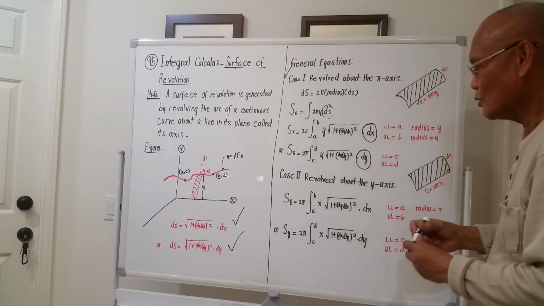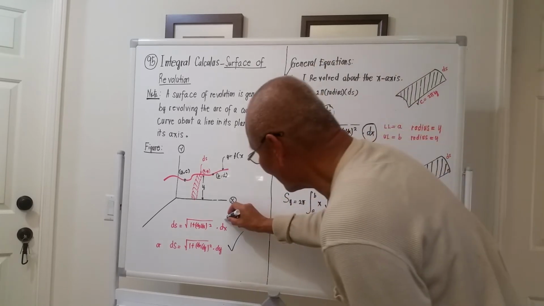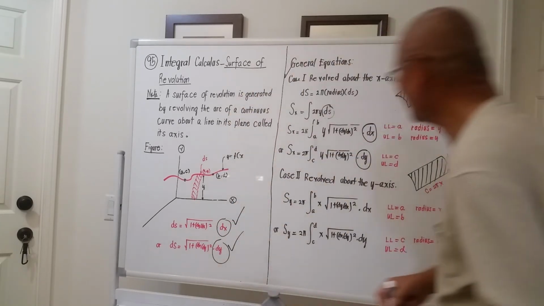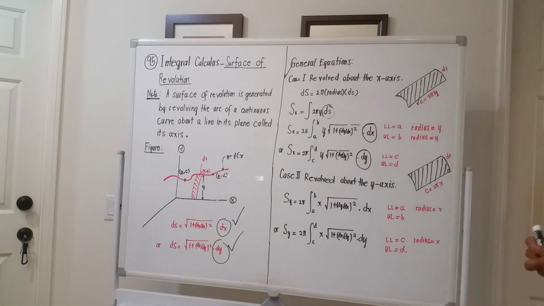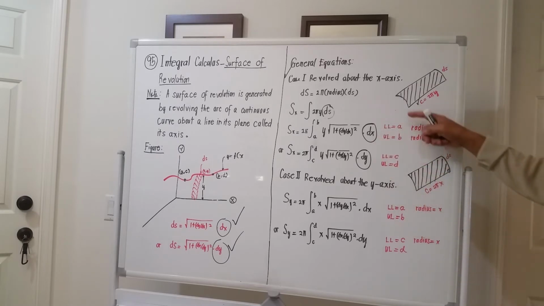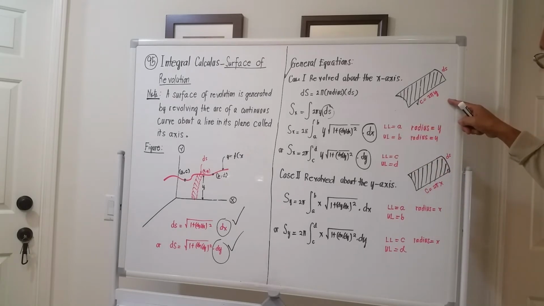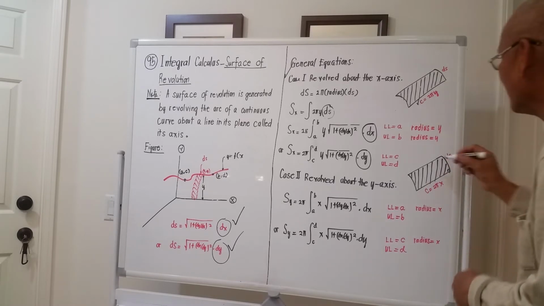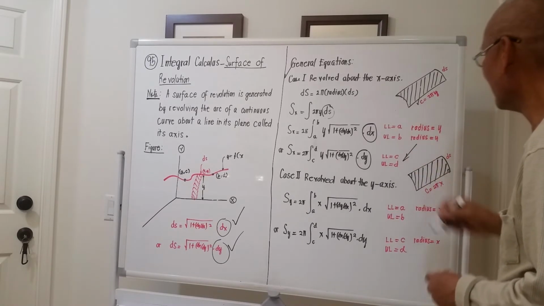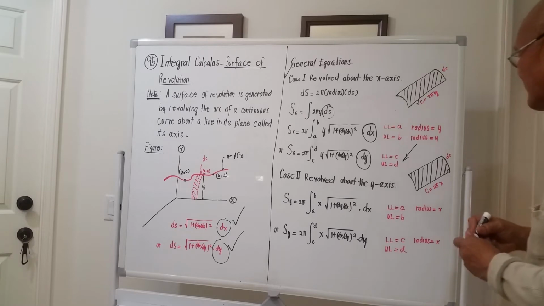Because in the computation of the length of arc, there are 2 variations, right? For the first one, the lower limit is a, the upper limit is b, the radius is y.